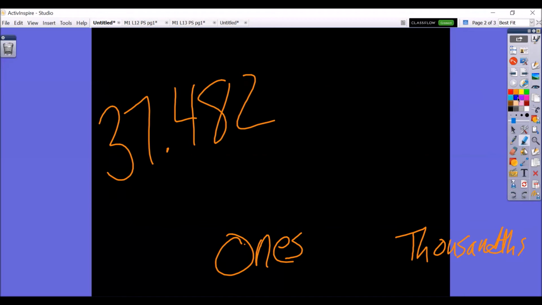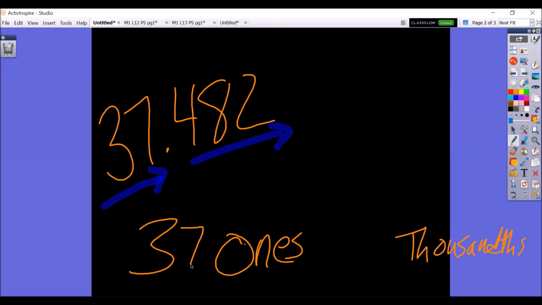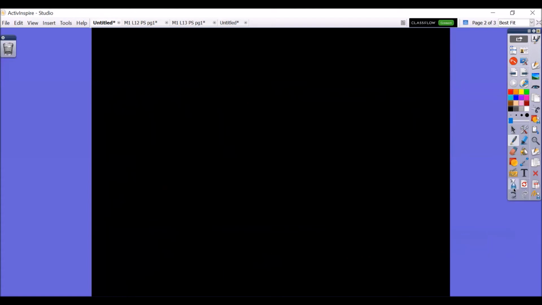So I need to decompose this number in 2 different places. I need to decompose it down to the ones place, and then I need to decompose the rest of the number down to the thousandths place. So if I decompose the first number to the ones, I have 37 ones, and the second number for thousandths will be 482 thousandths.